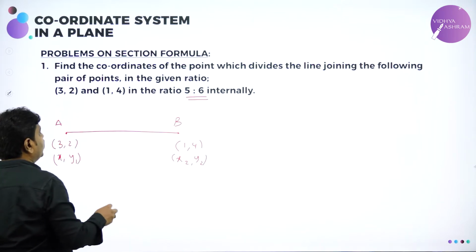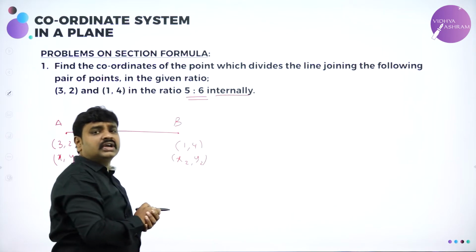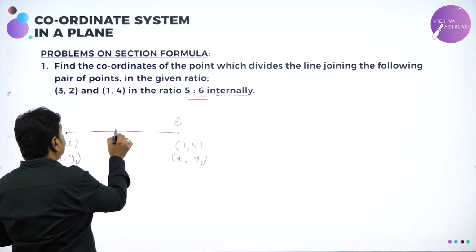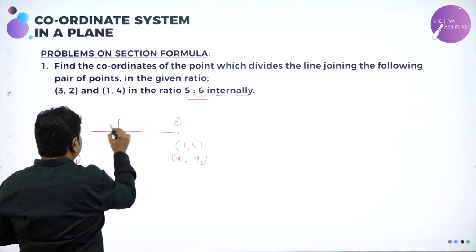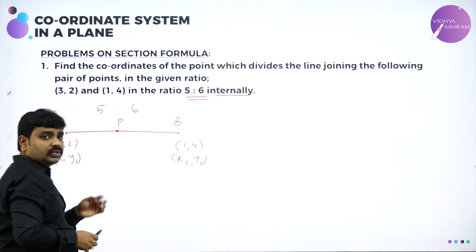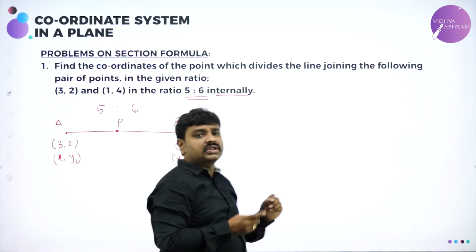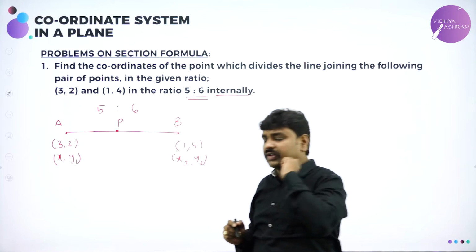Now they want you to find a point which divides internally. Please read this question carefully. They want internal division in the ratio 5:6. Let P be the point and the ratio is 5:6. Now the ratio is given, the endpoints are given, and internally is specified. What is the section formula for internal division? All of you know the formula.